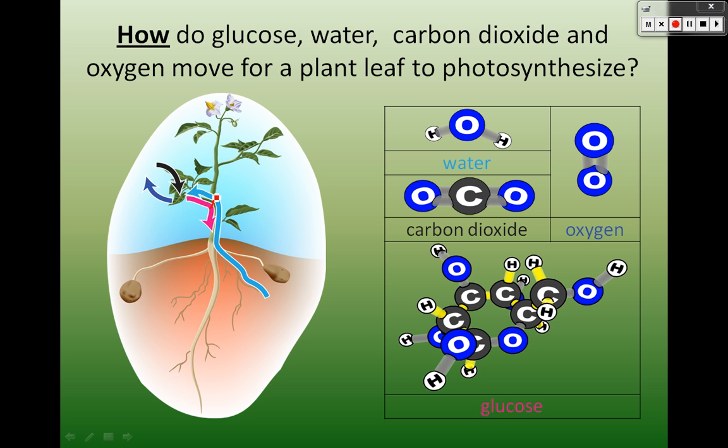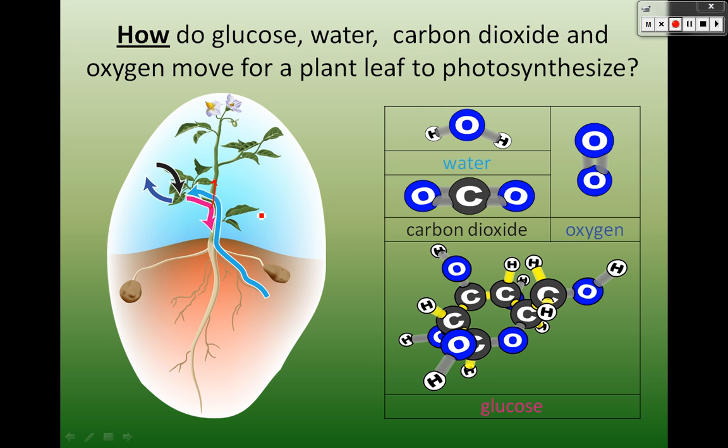It may also, though, turn and go up into some of the stuff in the cells higher up. So this arrow goes down, but it actually goes in all directions around the plant. Just like the food that you eat, once it's digested, it travels through the blood to all cells in your body. The glucose, once it's produced, travels through the fibers of the plant to all cells of the plant.